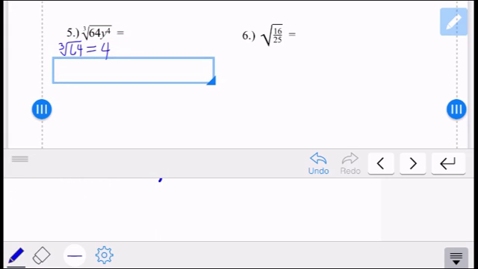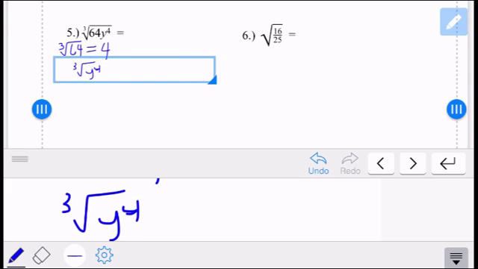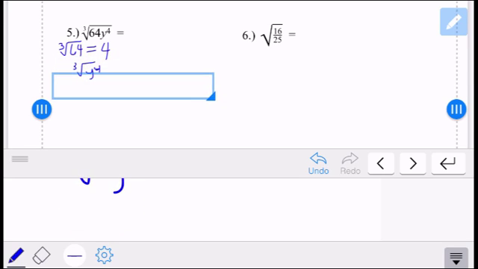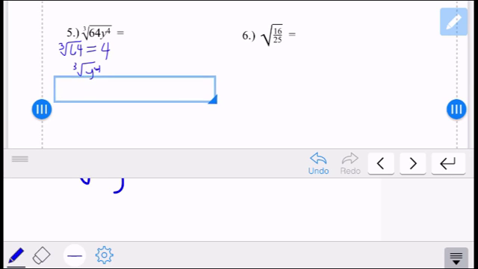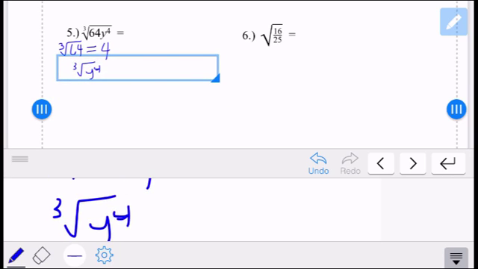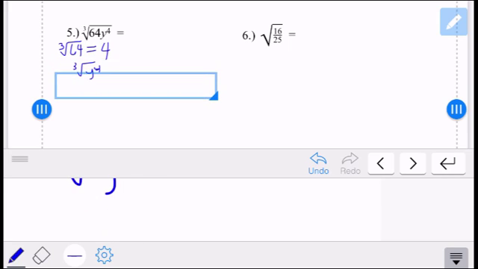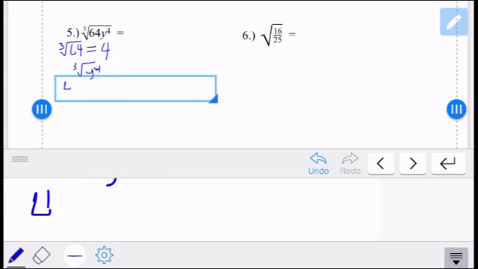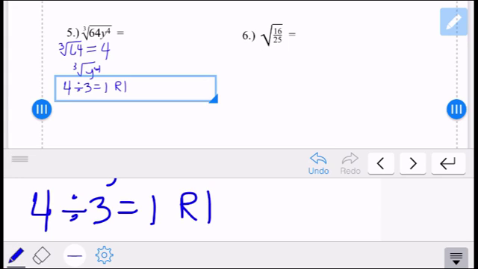Then let's think about the cube root of y to the 4th. Again, with that trick of dividing and finding the remainder, we're basically wanting a group of 3 factors that could pull outside of the cube root. So let's use our little shortcut. If we did 4 divided by 3, that would give us 1 with a remainder of 1 left over.